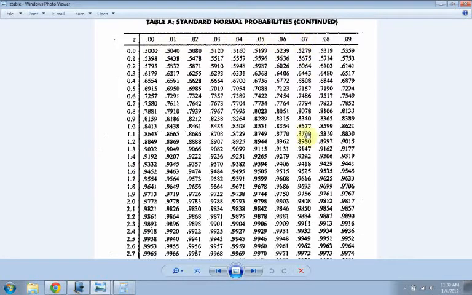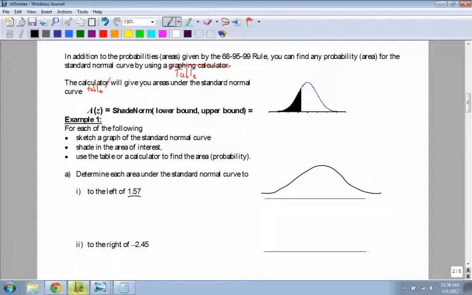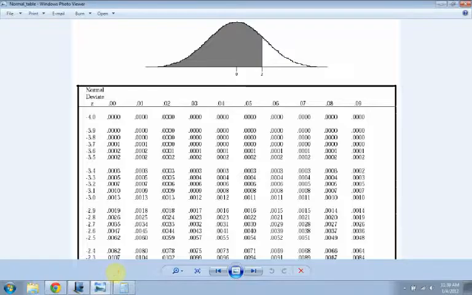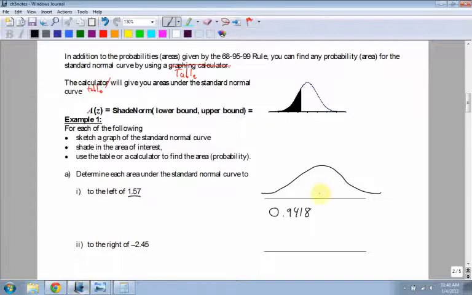So I go down where it matches up with the 1.5. 1.50, 1, 2, 3, 4, 5, 6, 7. So 0.9418. And how that would kind of look is, for my normal distribution curve, I would have 0 as the mean, and I would go up to 1.57.